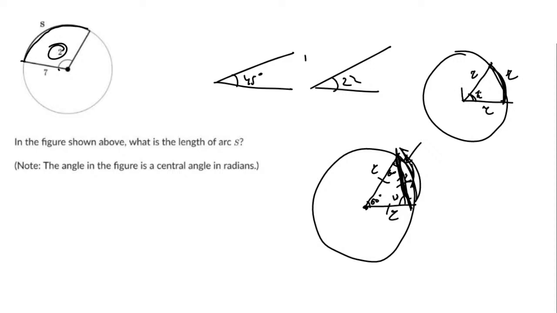If I have 2 radians, together it's 2, so this length would be 2 R's. So I have 2 radians here, which means the length of this arc S would be 2 radii, or 2 multiplied by 7, they gave us the radius. So this is 14 here. Good?